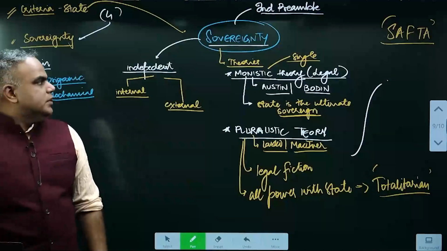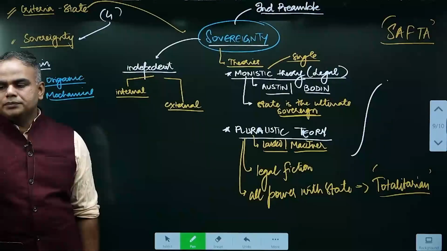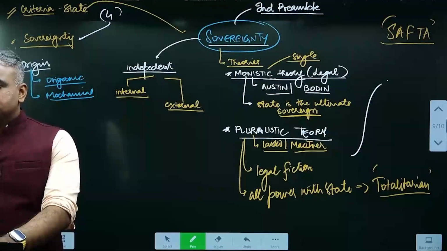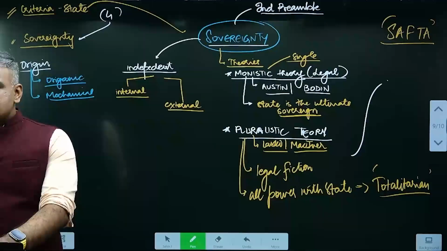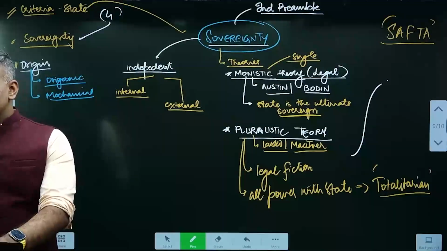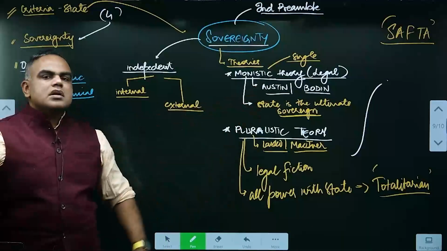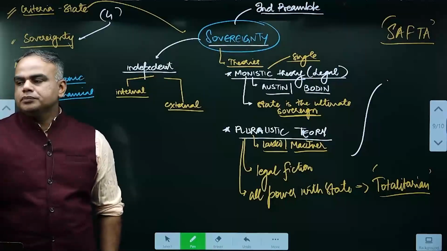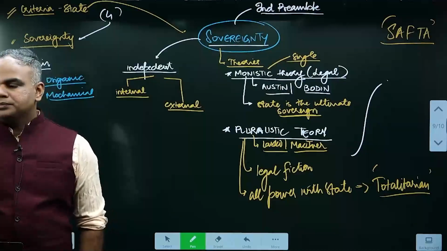So now in monistic theory, please write, under the monistic theory of sovereignty, right? Thinkers like Thomas Hobbes and John Austin asserted that sovereignty is absolute, comma, indivisible.